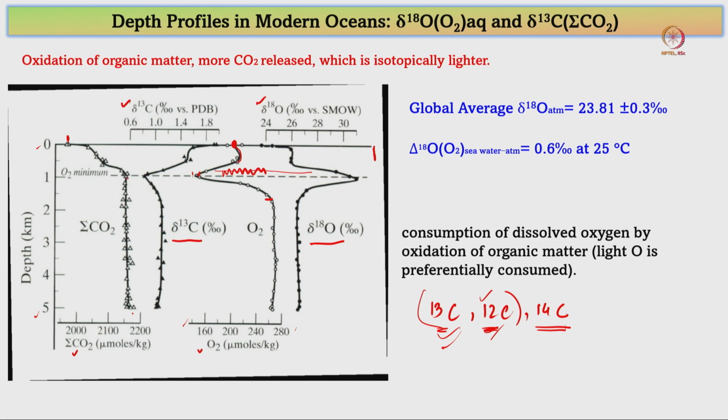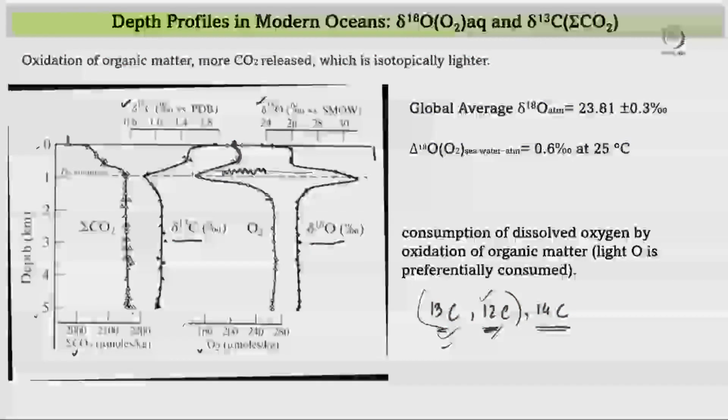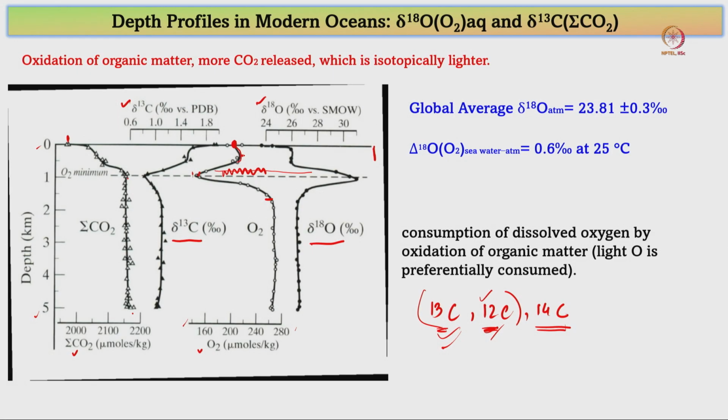As the depth increases, suddenly there is no more primary producers left, and the oxygen no more being produced also starts falling. Okay. So, the oxygen slowly first increases, but then starts falling.